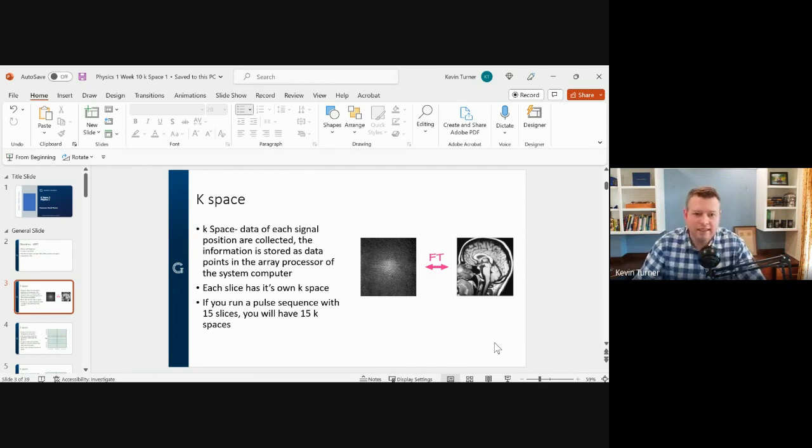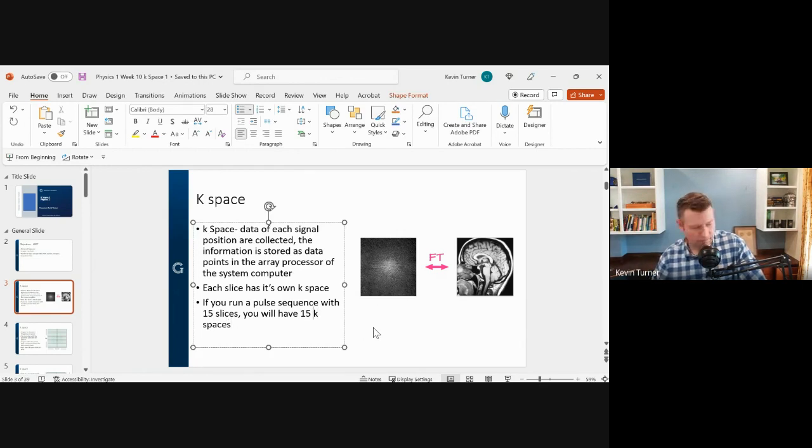So every slice has its own K-space. So if you run a pulse sequence with 15 slices, you will have 15 K-spaces. Looks like it says 15,000 there. Got 15 K-spaces, right?